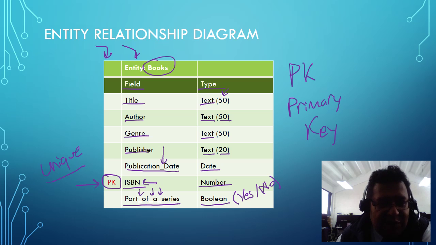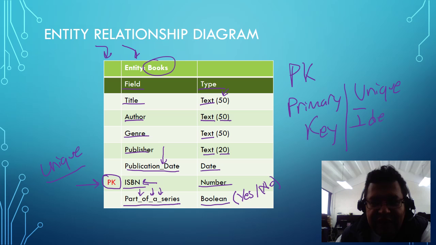If in my table I don't have a unique identifier, the primary key basically is a unique identifier. All right. If I don't have a unique identifier, then I am going to have to add another row here, and create my primary key.